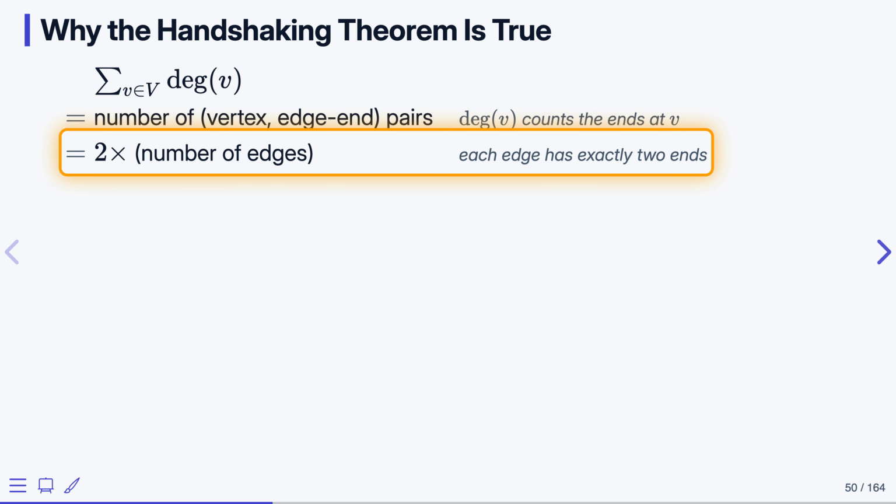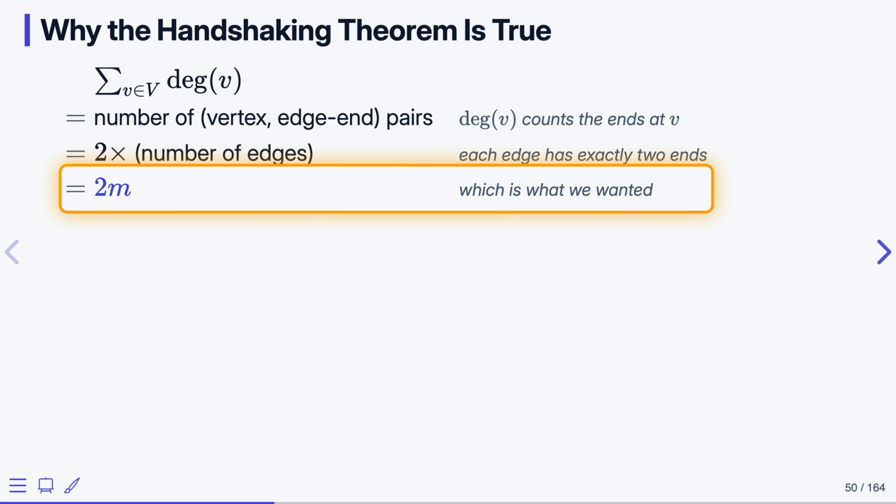Now count the same ends a different way. Go edge by edge. Every edge has exactly 2 ends, so the number of ends is 2 times the number of edges. A loop is no exception, and that is exactly why a loop counts 2. Step 3. The number of edges is m, so the total is 2m. Both ways of counting must agree, and the theorem is proved.